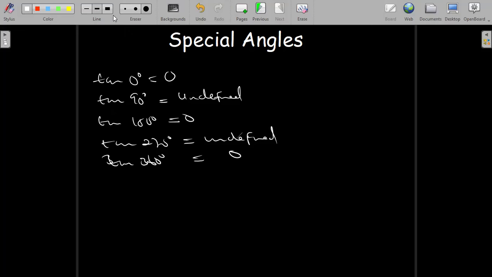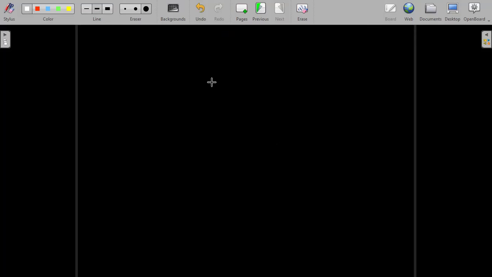Okay, now from here we want to briefly answer a few questions. So suppose we are given sine x, and sine x is equal to 3 over 5. Then they're telling us that x is a member of the range pi over 2 to pi, so they're using radians.